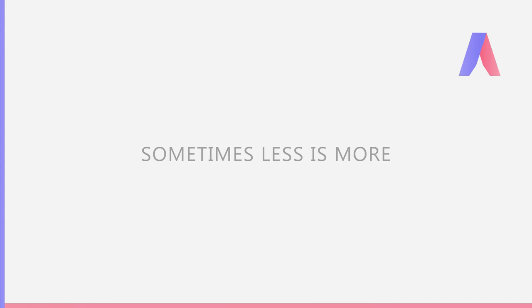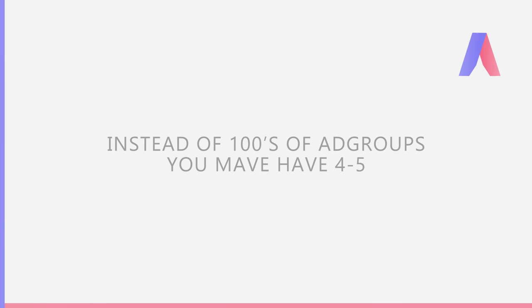As a matter of fact, most of the time, less is more. Because a lot of times you don't want 1,000 or 2,000 ads for Google to run through to make its optimization decisions. So instead of hundreds of ad groups, you may have just 4 or 5. I've seen some ad groups spend $10,000, $20,000 a day, just one ad group.